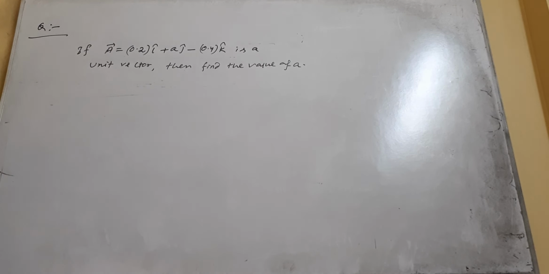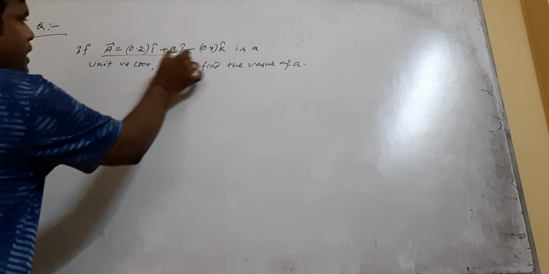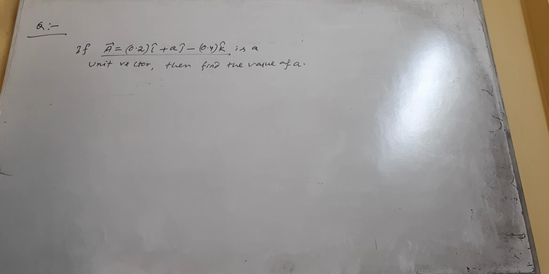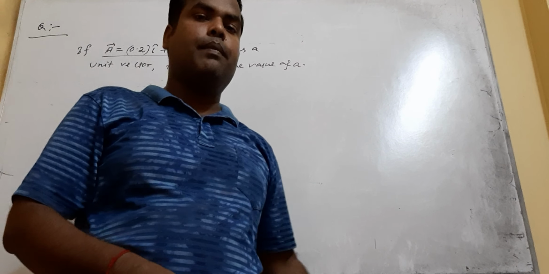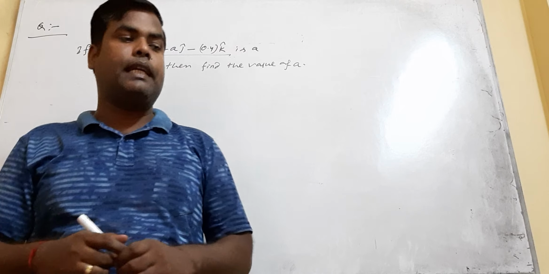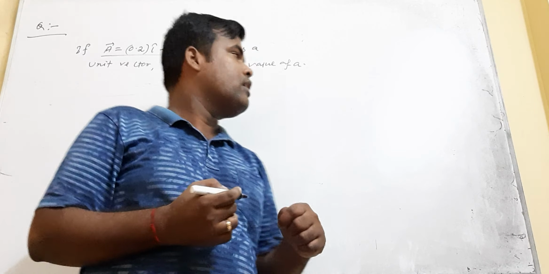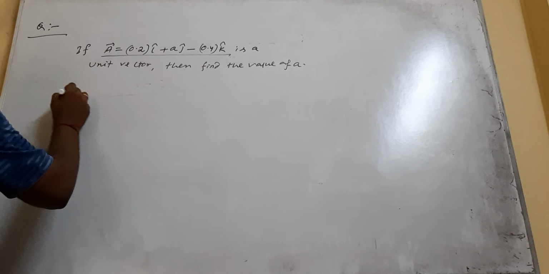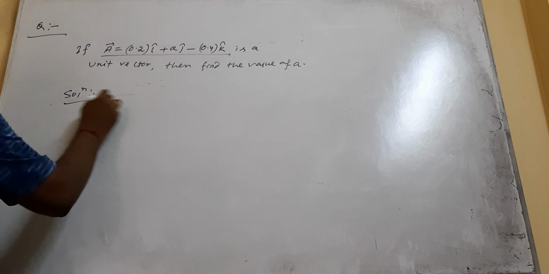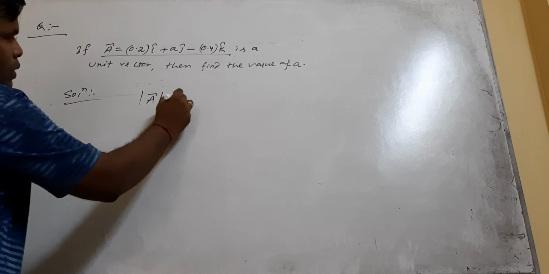How can we find it? Here it is given that this vector is a unit vector. If it is a unit vector, then what is its magnitude? Magnitude is 1. So here the a vector magnitude is 1.